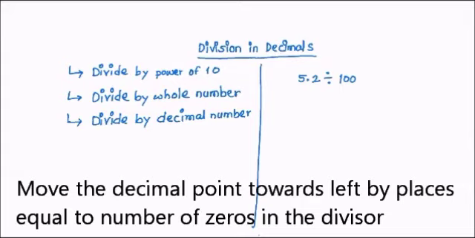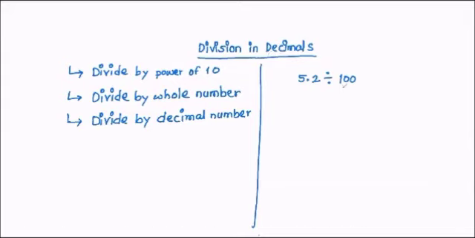So let's first count the number of zeros in the divisor. There are two zeros in the divisor. So let's write the dividend without the decimal point. So 5.2 will become 52. We'll take the decimal point for reference just above the number and we will move two places to the left.